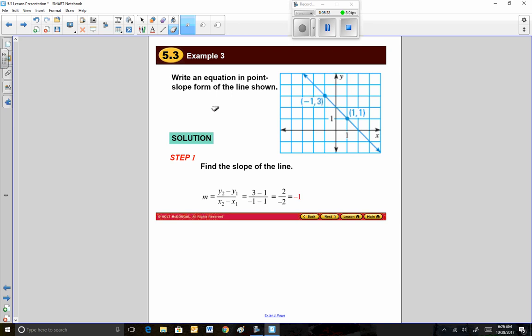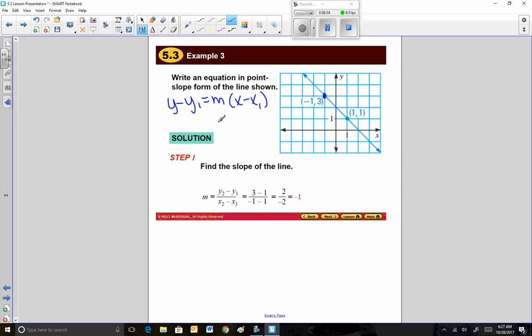Now, how do we do it when we do point slope? We have a point on the line. We find any point that we can find on the line. For example, here's a point right here, and it's -1, 3. So what I do is use that great little formula, y minus the y1 value equals m times x minus the x1 value.